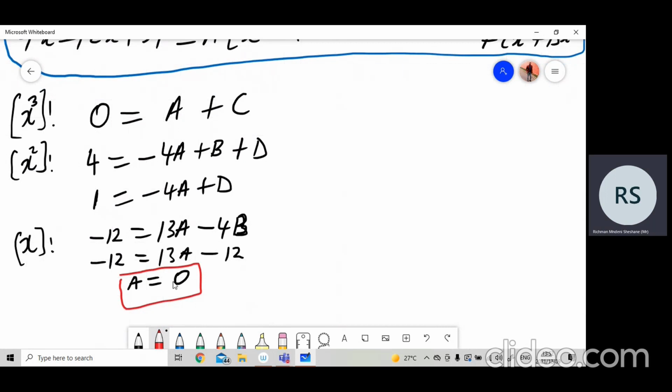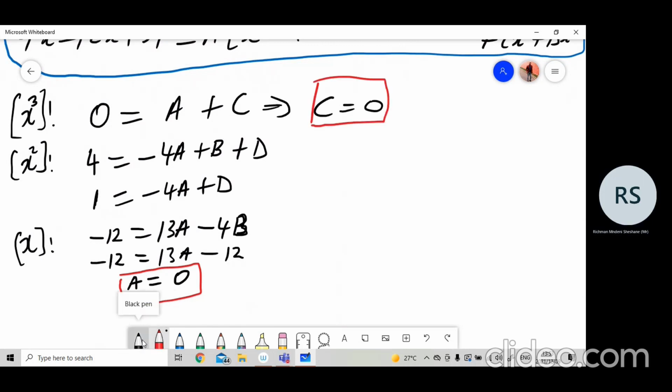Once you find the constant, go back to those formulas in the previous step. So you see a equal to 0. If a equals 0, this will give us c equal to 0. We find now the value of c equal to 0. And then with a equal to 0, if we substitute here, it will give us d equal to 1.